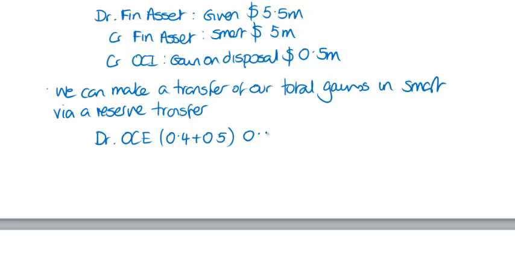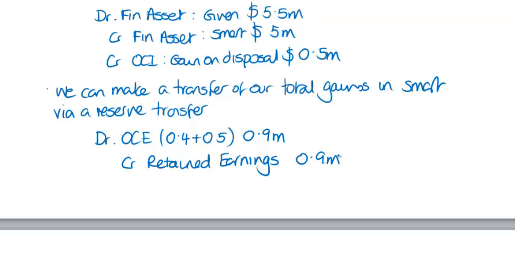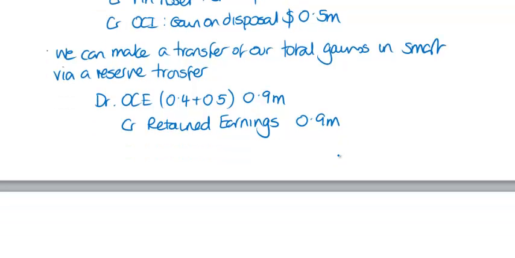So I'm going to debit OCE 0.9 million and credit retained earnings 0.9 million. So that's another 4 marks. So we've now done 14 marks worth of work. 14 marks is 26 minutes. Just about on target.